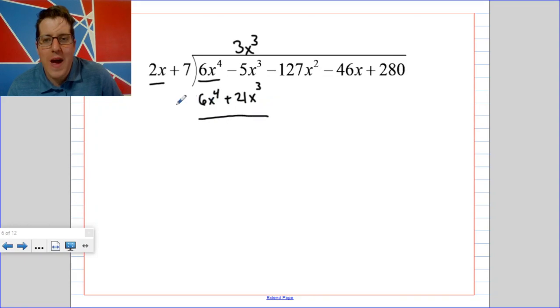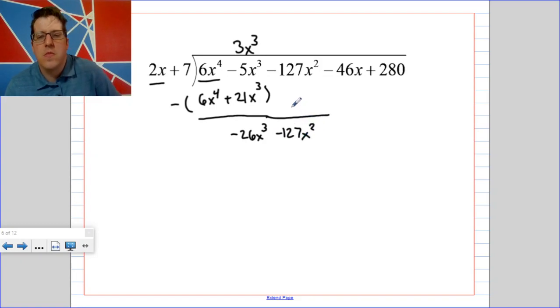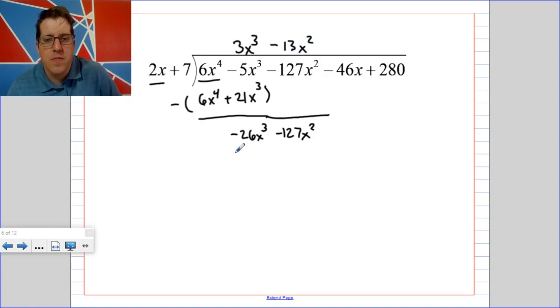I'm going to subtract all of that here, and I'm going to be left with negative 26x cubed minus 127x squared. Now, to multiply 2x to get negative 26x cubed, I'm going to need negative 13x squared.